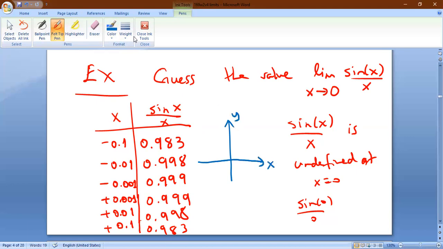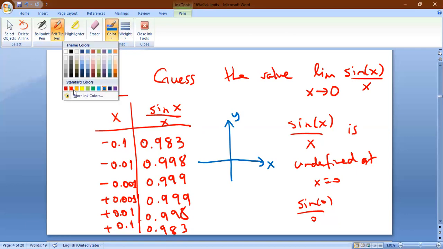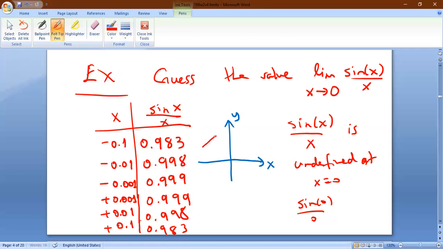As very obviously, it's undefined at 0, but the graph will look like this.